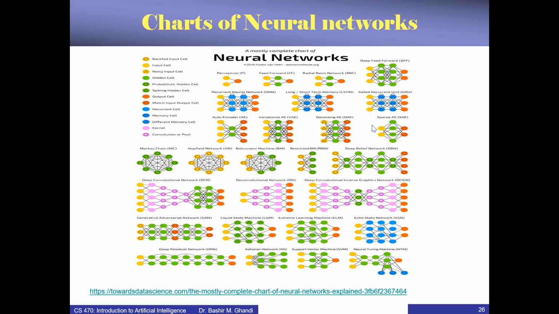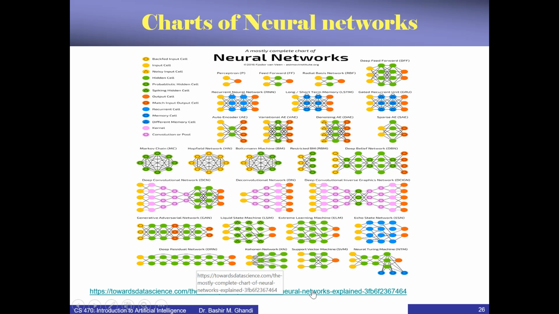I would like to conclude this lecture by giving you this link at the bottom, which discusses different types of neural networks that have been experimented with by AI people across the world. In this lecture, we discussed very simple networks, but actually there are many different types of neural networks.